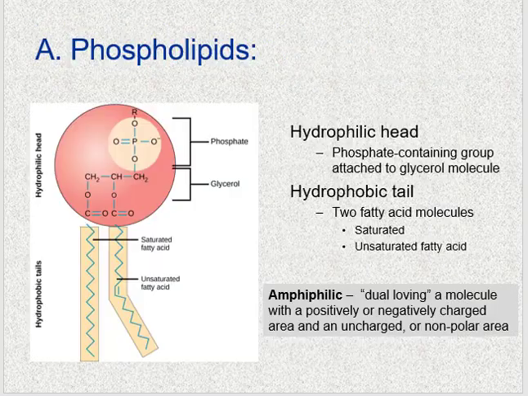So since the plasma membrane consists of a phospholipid bilayer, I just want to remind you what a phospholipid is. That is an amphiphilic molecule, meaning that it has a hydrophobic region and a hydrophilic region. In the phospholipid, it has a hydrophilic head that is made up of a phosphate and a glycerol.